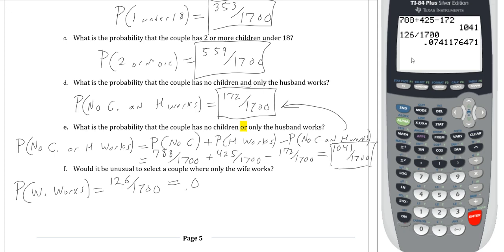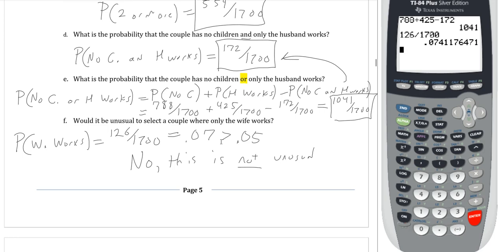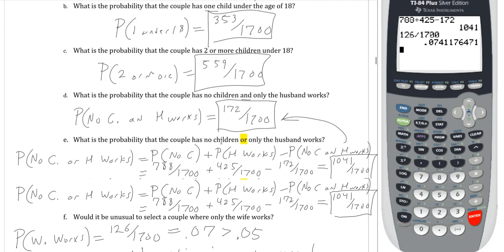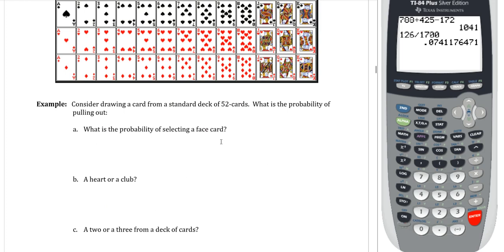Or I'll just keep it as 2 decimals, 0.07. 0.07 is greater than 0.05, so no, this is not unusual. It would have to be less than 5% to be considered unusual. All right, that's it for that situation, combining some probabilities there.